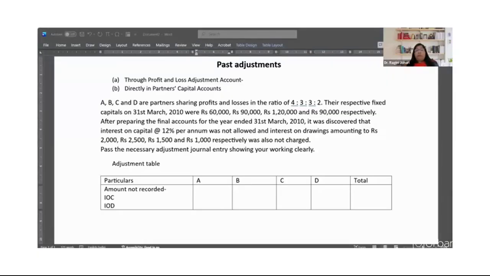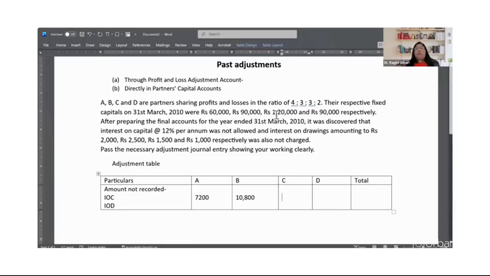Okay, so let us write 7,200 here. Then for B, 12% of 90,000 becomes 10,800.